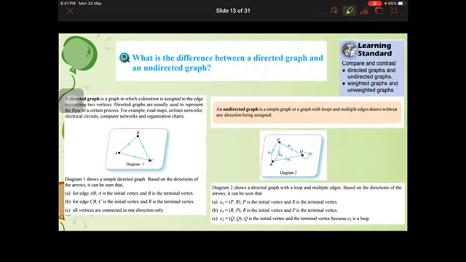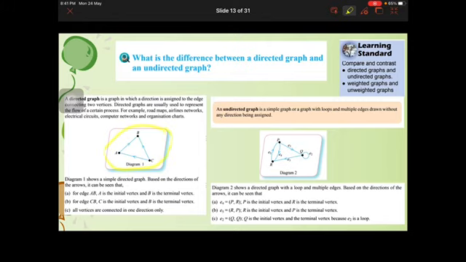A directed graph is a graph in which a direction is assigned to the edge connecting two vertices. Directed graphs are usually used to represent the flow of a certain process. For example, road maps, airlines, networks, electrical circuits, computer networks, and organization charts.